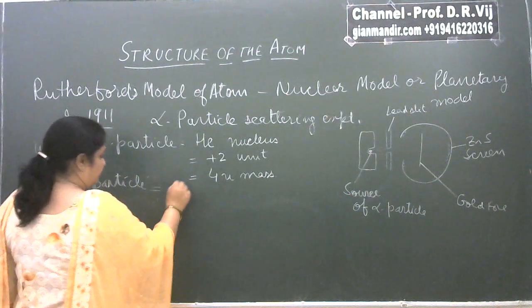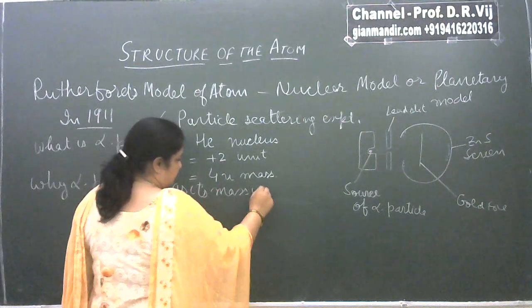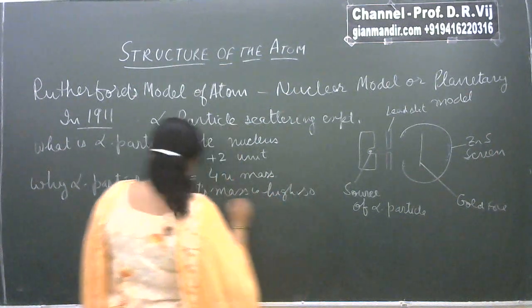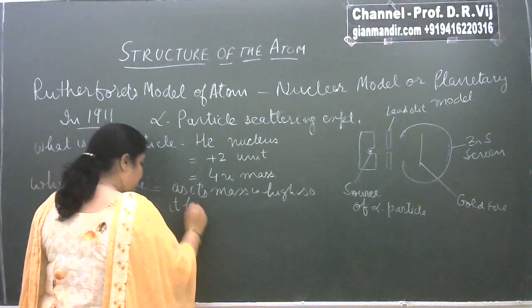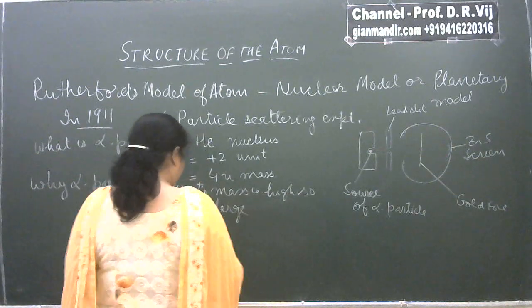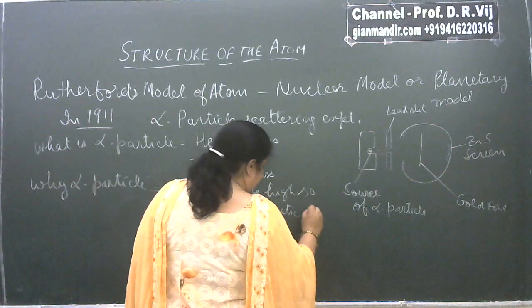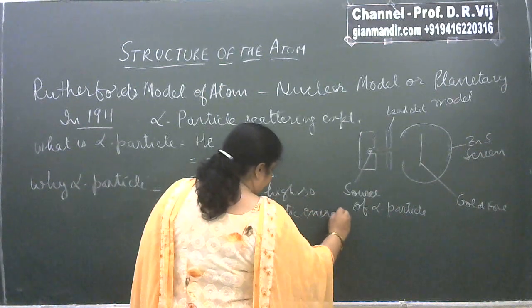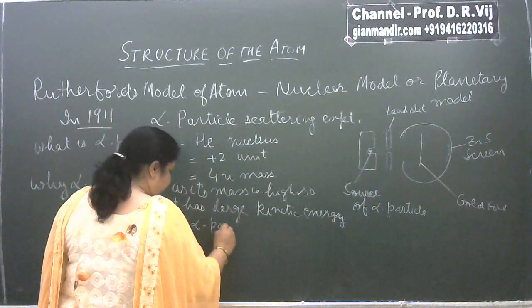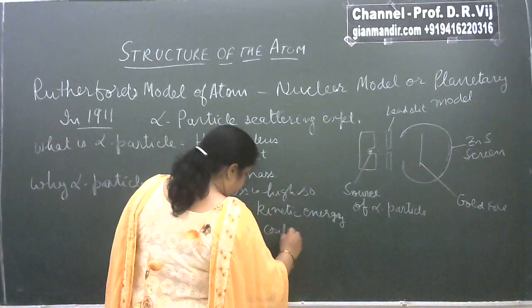Because their mass is high, they have a large amount of kinetic energy, and alpha particles could penetrate through the foil.